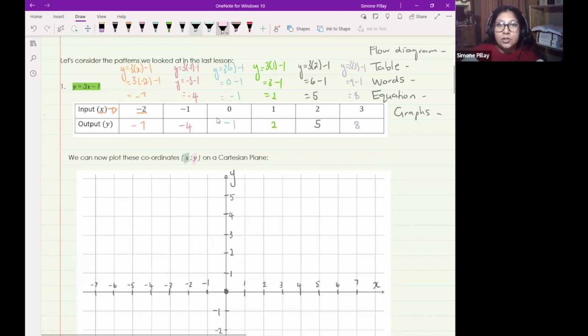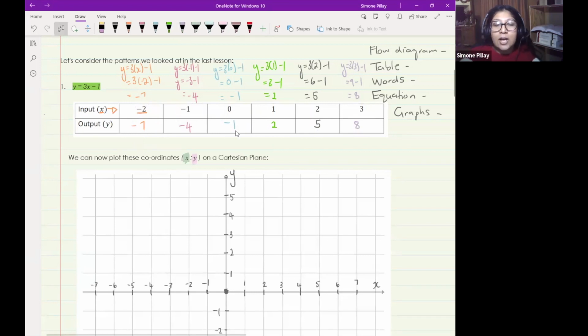What I want you guys to see is if you look at each little column in my table, each column contains an x and a y coordinate.